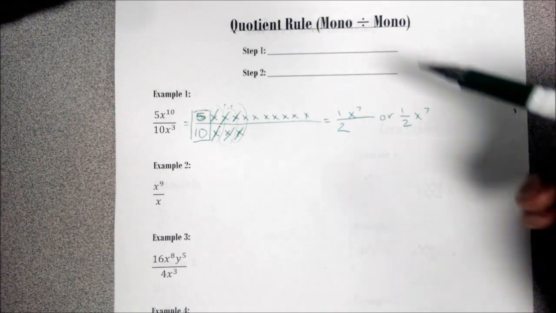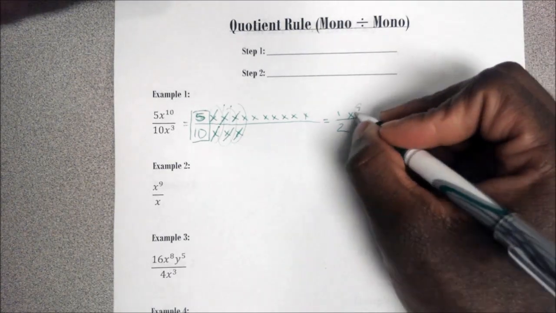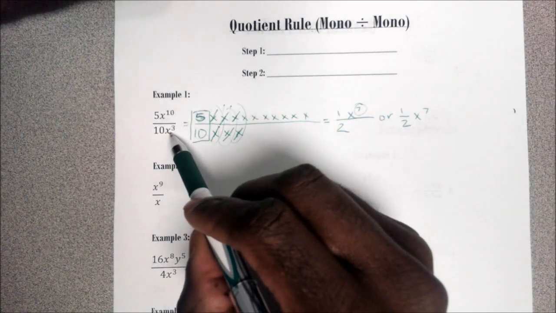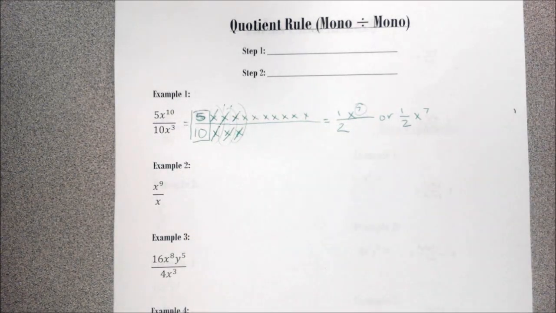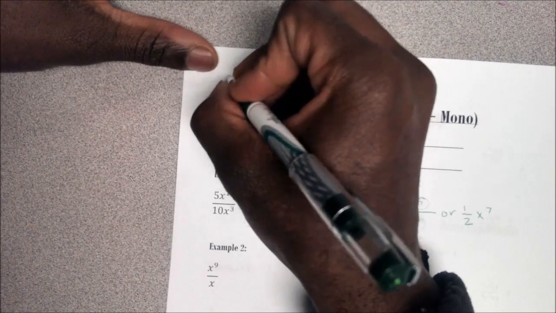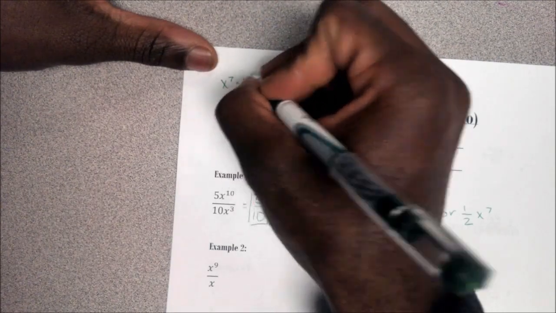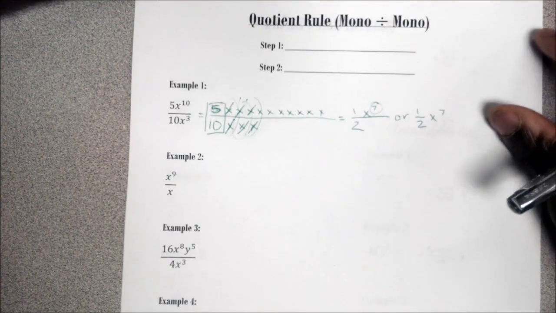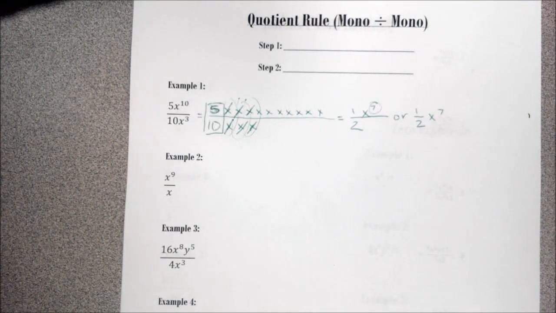So what did we do with the exponents? We ended up with 7. How do we get 7? x to the 10th, x to the 3rd. When we were multiplying exponents, we added them. So if this was x to the 7th times x to the 3rd, you get x to the 10th. So the inverse of that would be to subtract the exponents.